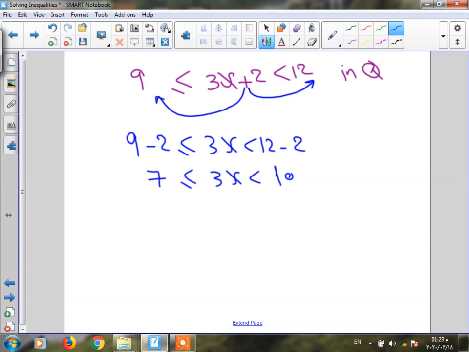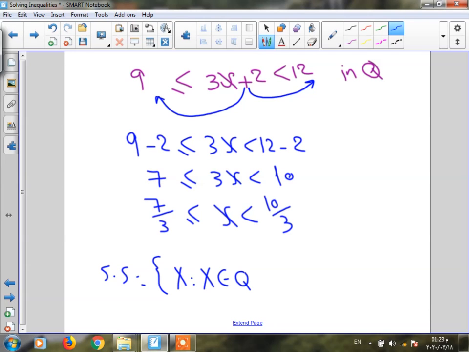I can take 3 to the other side by dividing, because it's times: 10 divided by 3 and 7 divided by 3. So we can write the solution set: x such that x belongs to rational and x is between 10 over 3 and 7 over 3.